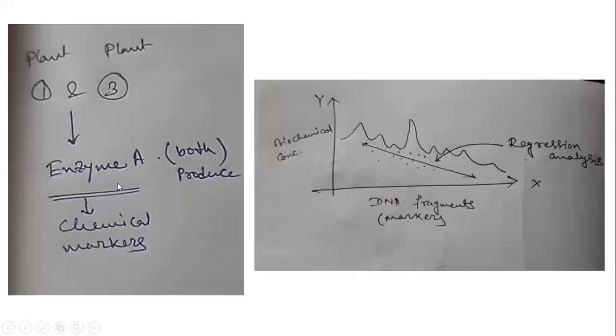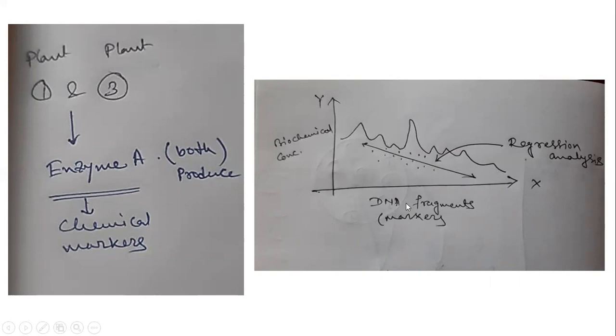So I plotted these markers on the x-axis for DNA markers, molecular markers, and on the y-axis the biochemical markers are plotted. For all the plants, the data is plotted in this graph, and this produces a map like this.